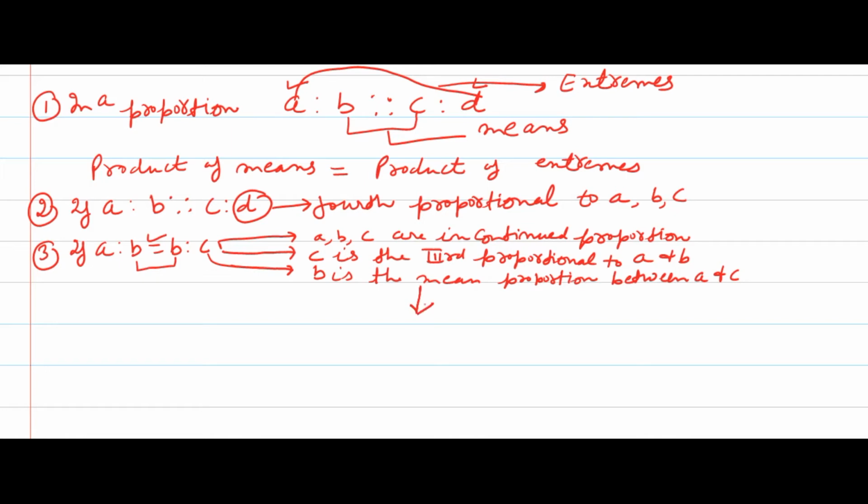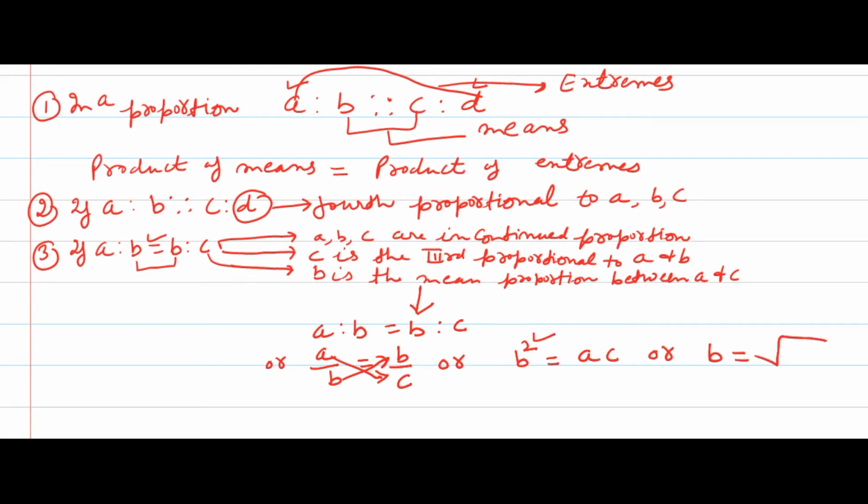This mean proportion would mean that A ratio B equal to B ratio C, or in the form of a fraction, A upon B equal to B upon C. If we cross multiply these terms, we get B into B, B square, equal to AC, or we can write it as B equal to the square root of AC.